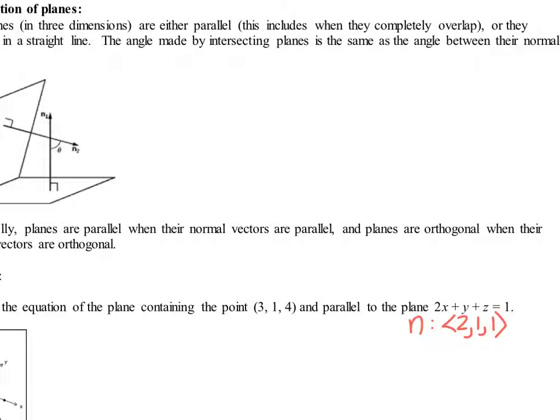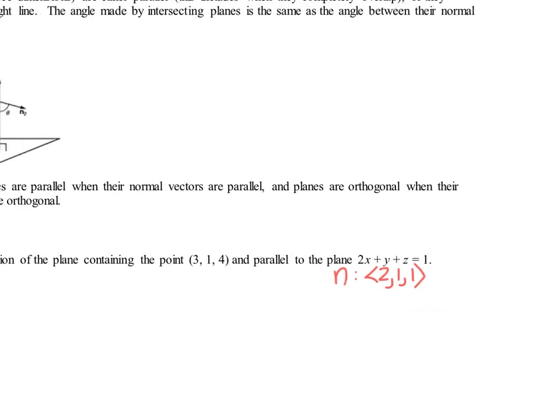All right, so I can invent a new normal vector if I want, double it, triple it, multiply it by -1, -1/2, doesn't make a difference, or I could just use that, right? Because the direction of it would have to be the same. All right, so this would be my x sub o, y sub o, z sub o.